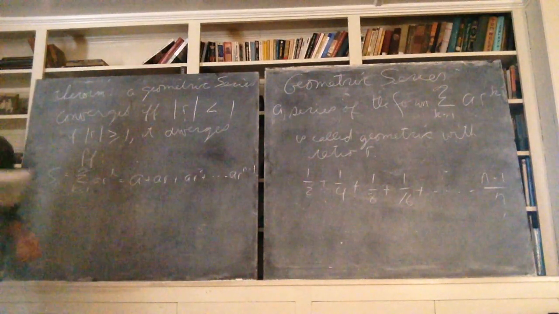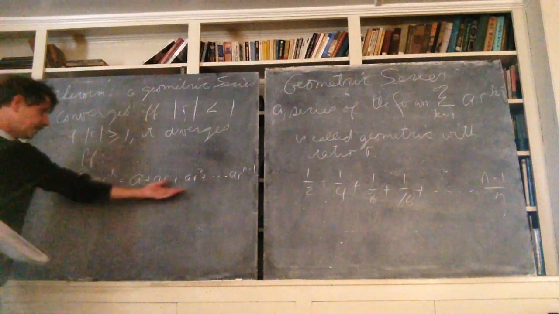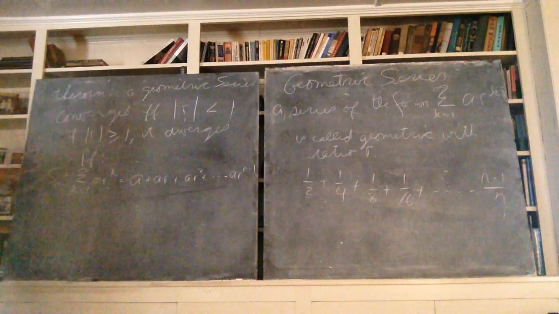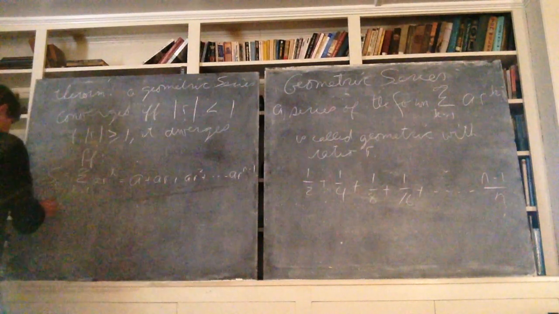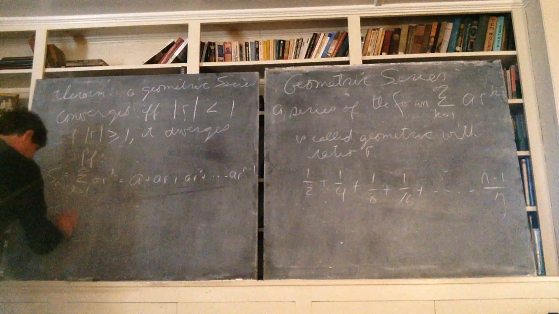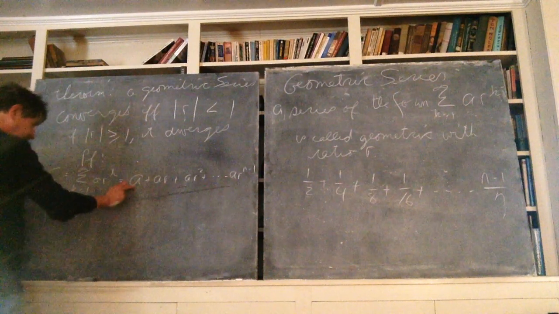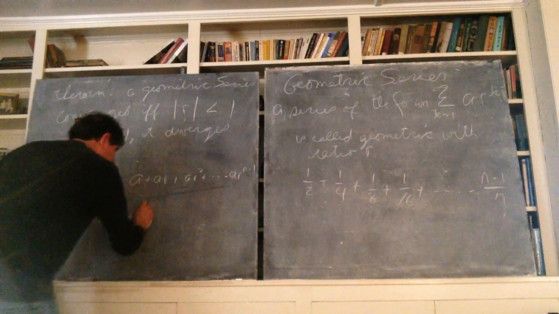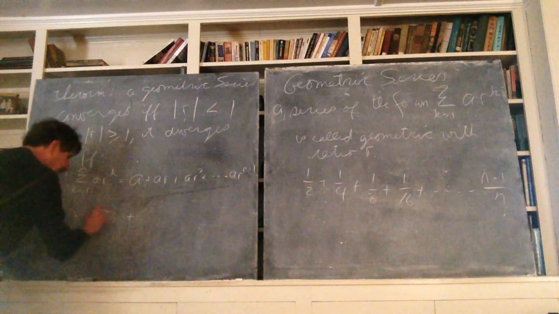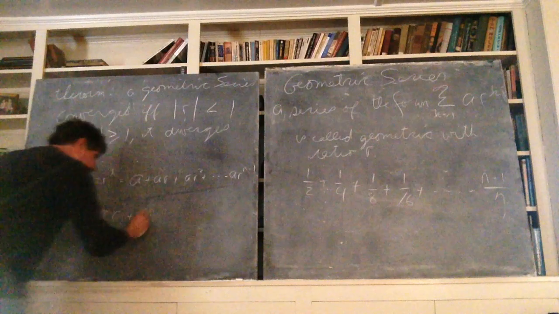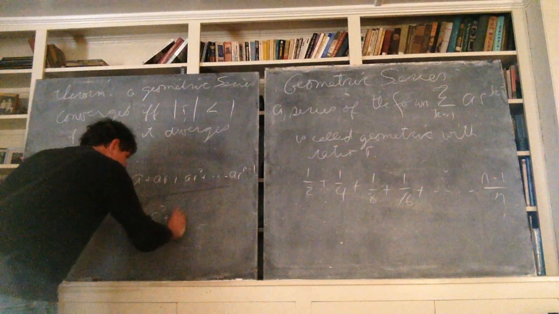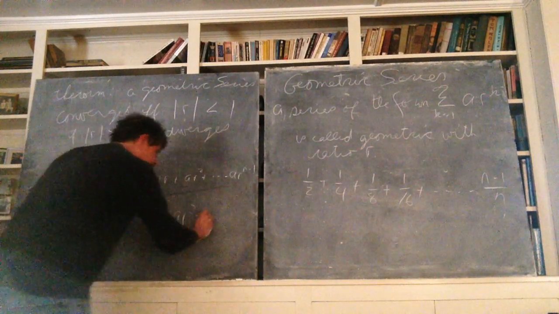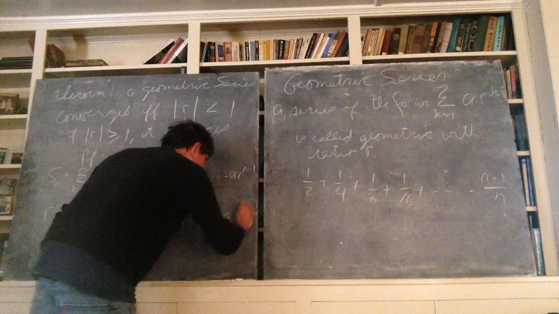That's that partial sum. But now let's take this equation right here and multiply everything by R. Then R S sub n equals A times R plus A times R squared plus A times R cubed plus A times R to the n.